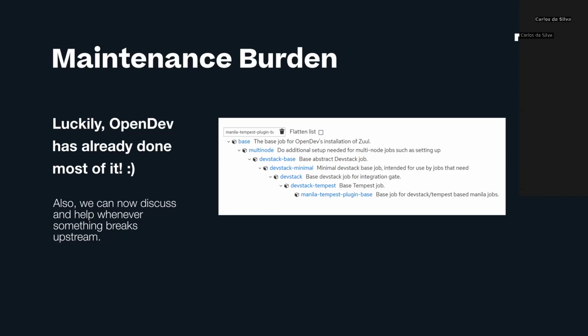And it's a nice architecture because if something breaks upstream, like DevStack breaks, for example, it will also break for us, but we'll have help because OpenDev will already be trying to fix it. And after we have everything working for us, we can also help them if we find a solution first. And we can interchange information via IRC. So yeah, this is interesting for us.